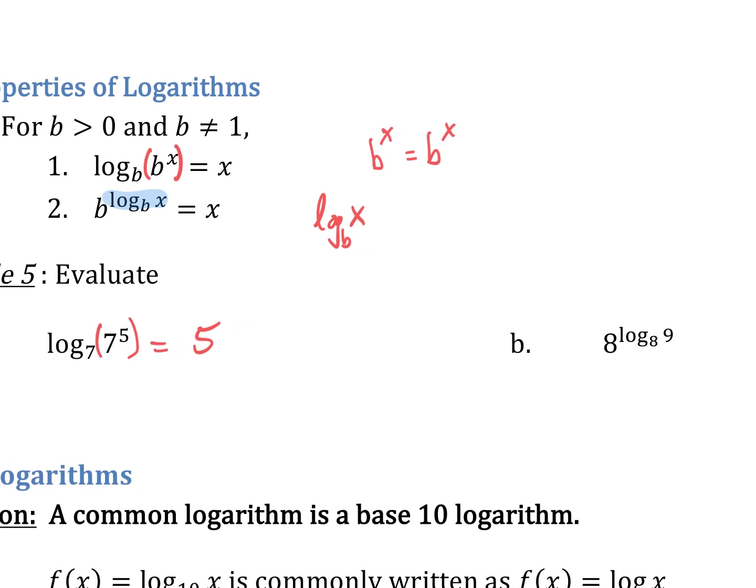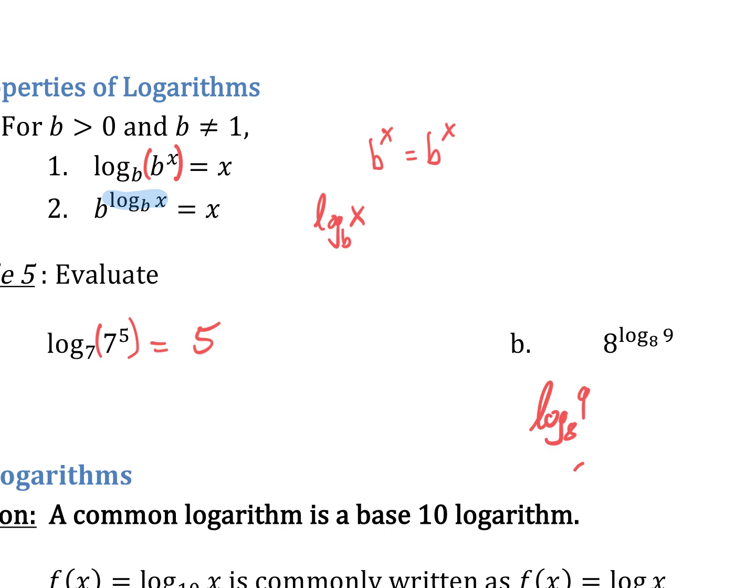Okay. So here we have 8 to the log base 8 of 9. Well, let's make sure we understand what this is. Log base 8 of 9. So this is the power that you can put on 8 to get 9. So this represents a number.